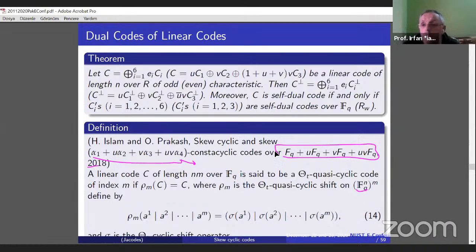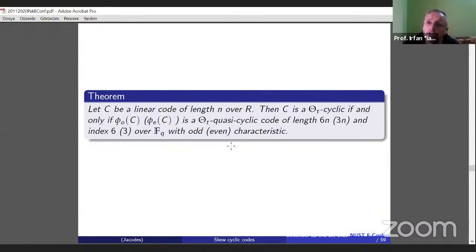Still a structure that we know in the field case. So what does it mean? If you go back down through the Gray map to the fields, we end up with quasi-cyclic structures. And in our case also, we showed that this is true. We have special quasi-cyclic codes over FQ and over the even characteristic, I mean over RW.